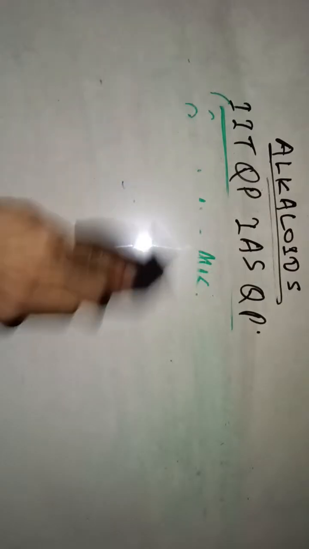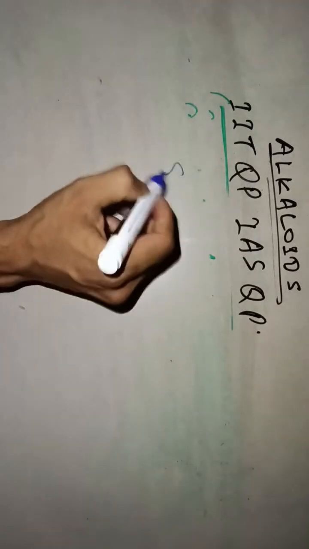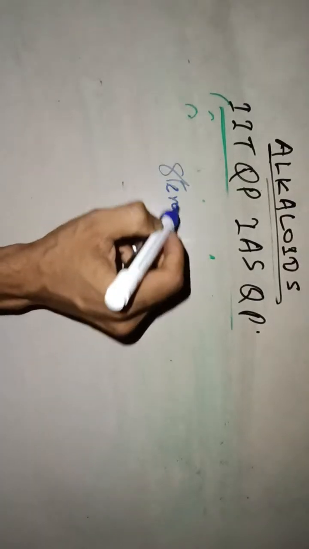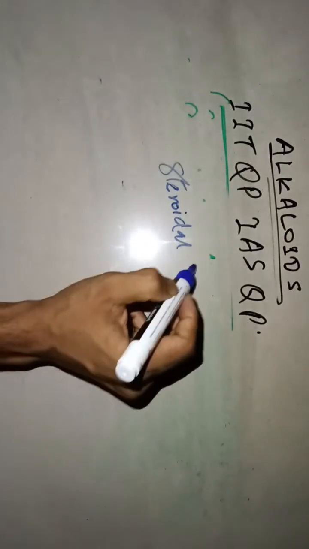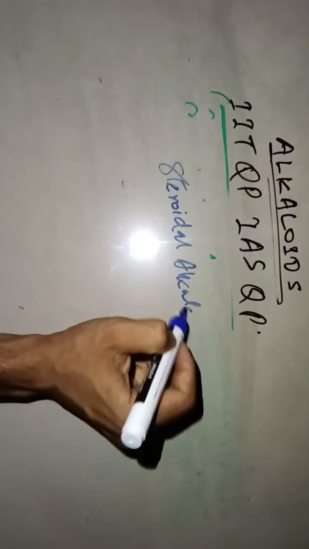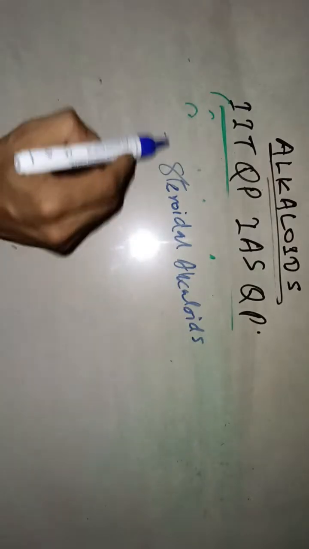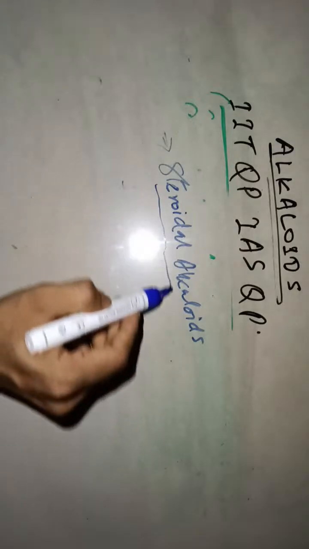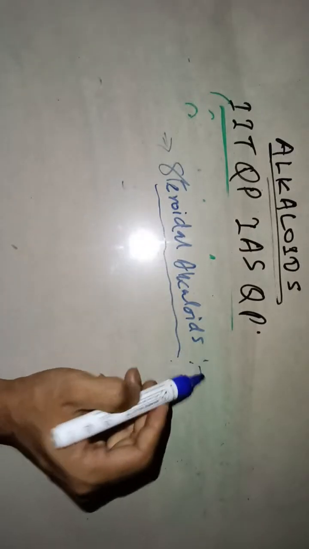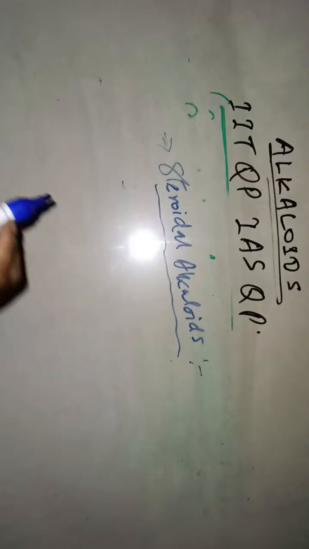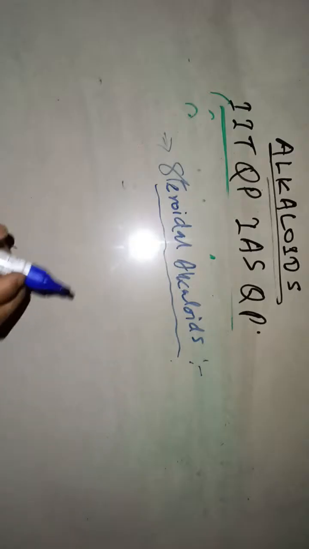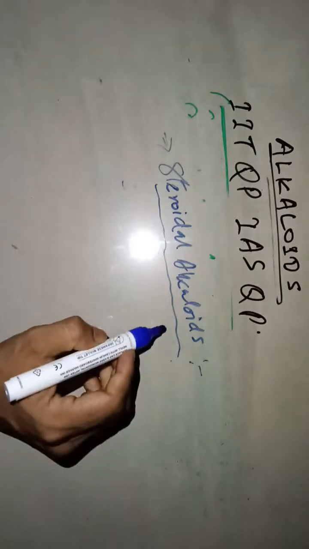Next are steroidal alkaloids. For example, steroids are mainly taken by athletes and players. So, you know, Ashwin, the Indian player, and Virat, both of them have taken steroids and sat on the chair.